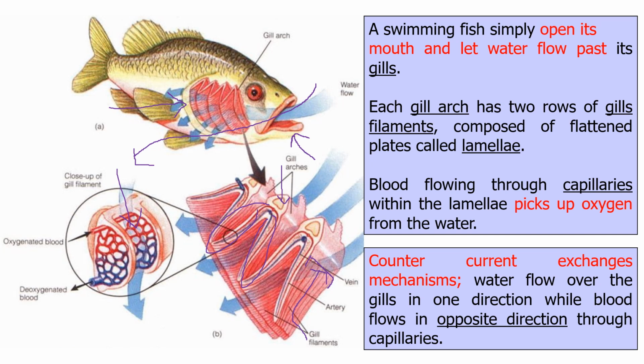So there is one mechanism to maximize the efficiency of gases exchange for fish. We call it the counter current exchange mechanism, whereby the water flows over the gills in one direction while blood flows in the opposite direction through capillaries.